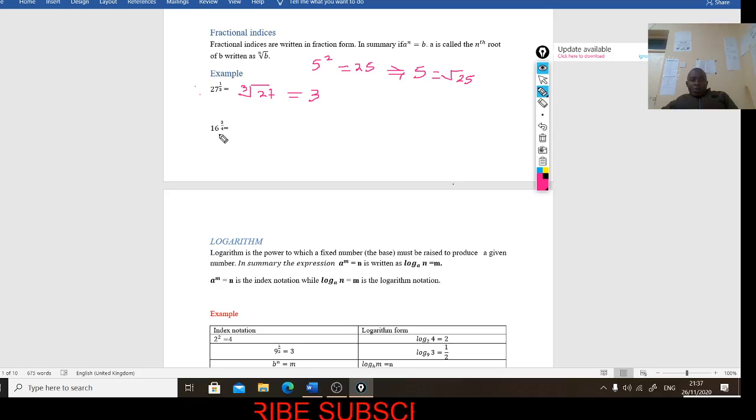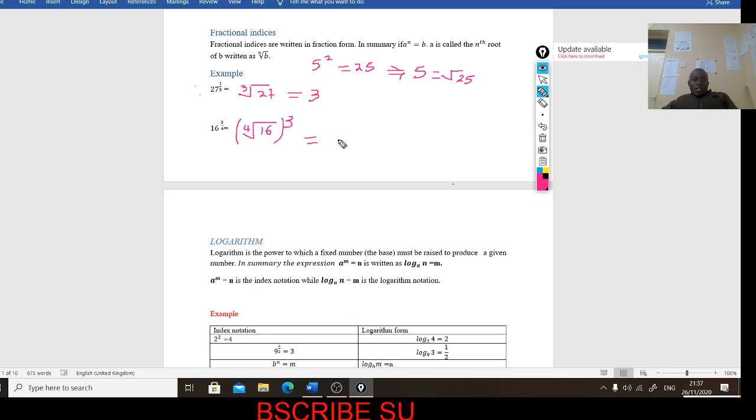And then when we talk about 16 to the power of 3 over 4, it means you find the fourth root, then you cube. This is the same as the fourth root, because a fraction of 4 is the fourth root. This is the fourth root of 16, which is then cubed.